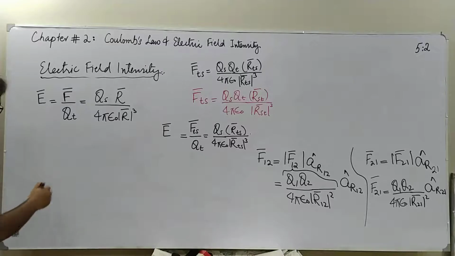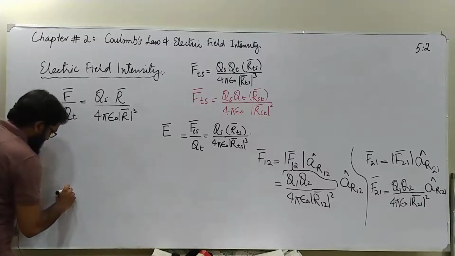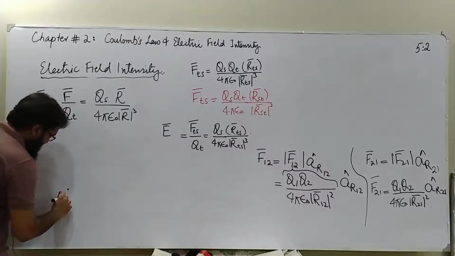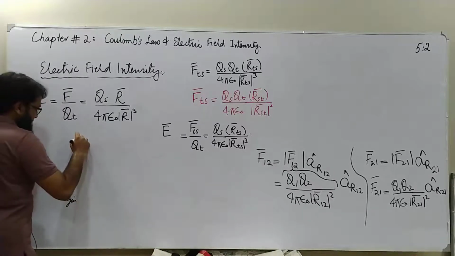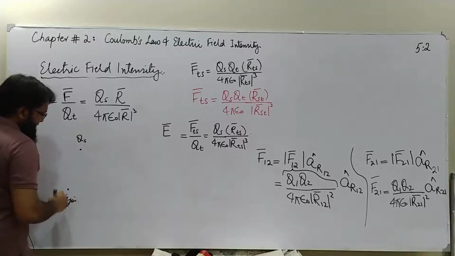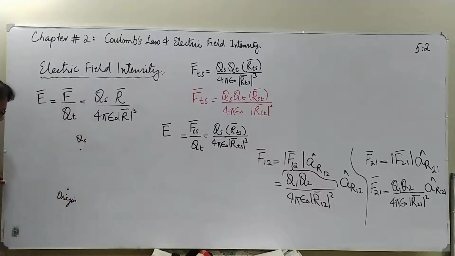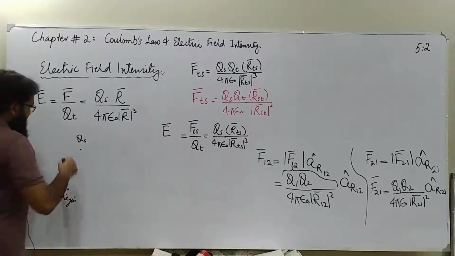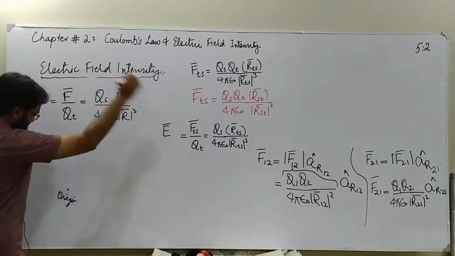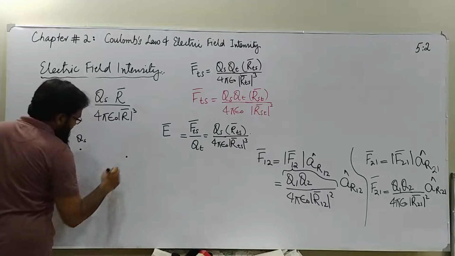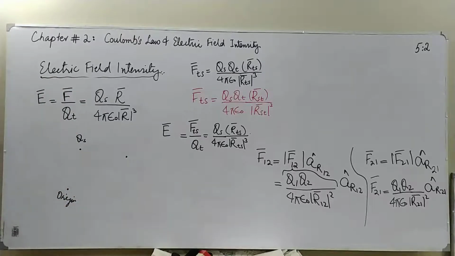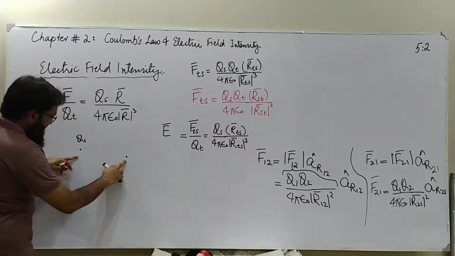Just to get rid of unnecessary subscripts. So let's say we have the origin here, and let's say this is charge Q_S, and it has a field surrounding it. I'm not going to draw it, and I want to find the value of the electric field intensity at this point.